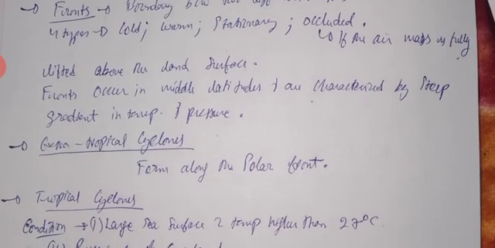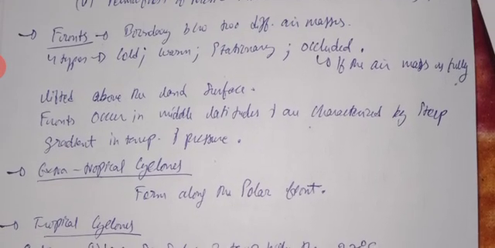Next point, fronts. What are fronts? Fronts are the boundary between two different air masses. There are four types of front: cold front, warm front, stationary front, and occluded front. An occluded front forms if the air mass is fully lifted above the land surface.